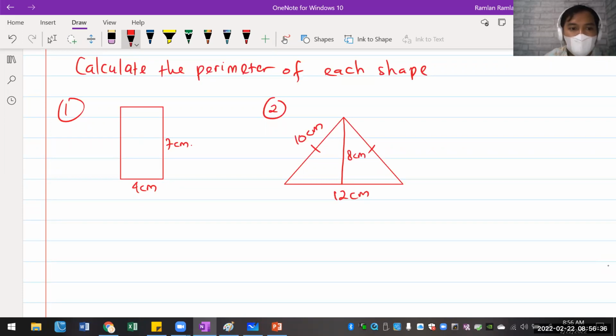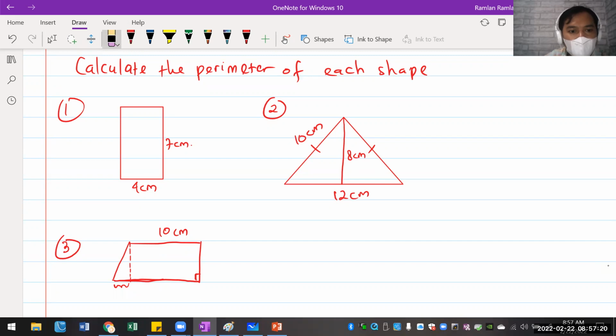Okay, number 3. I'll give you a base width. This is 10 centimeter. This is 10 centimeter. This is a triangle.